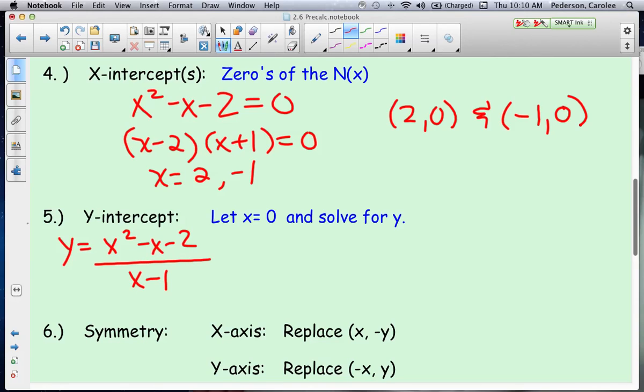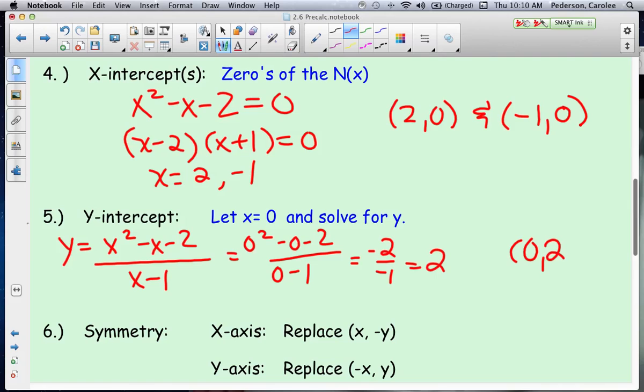And we substitute 0 into the function for x. So 0 squared minus 0 minus 2 over 0 minus 1. So that reduces down to negative 2 over negative 1, which is 2. So you have a y-intercept of over 0, up 2.